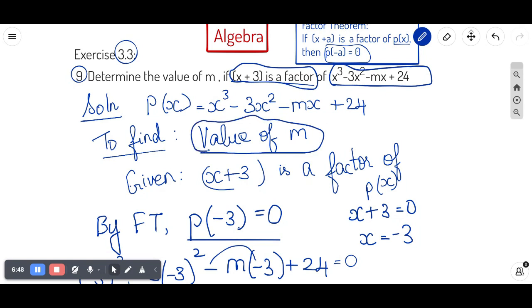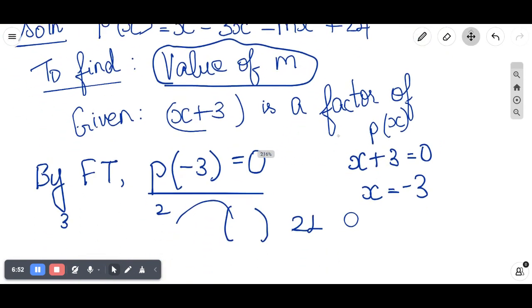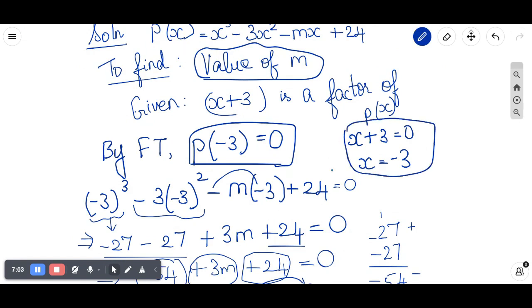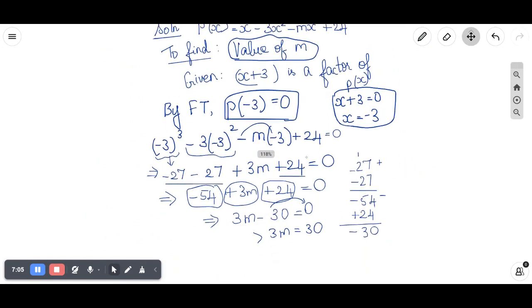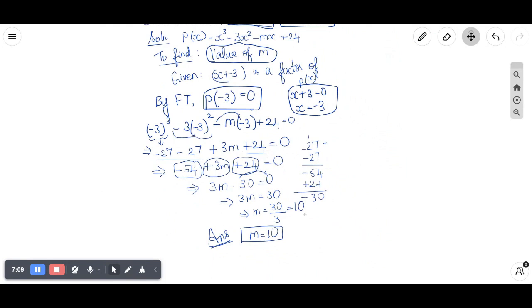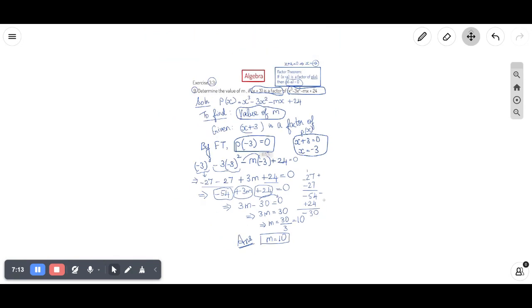These are the things you observe from your question. Then apply the factor theorem. As per the factor theorem, p of minus 3 is equal to 0, which is got by equating your factor to 0. Apply this and do all the calculations slowly and carefully, minus, plus, multiplication, addition, everything, and get your answer. Finally, your answer is m is equal to 10.